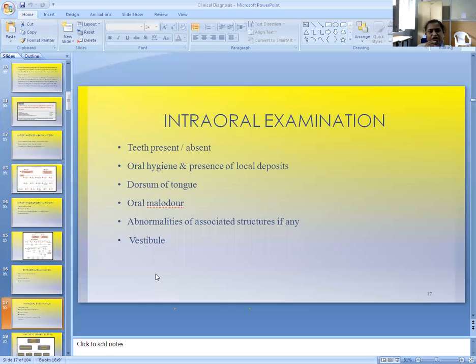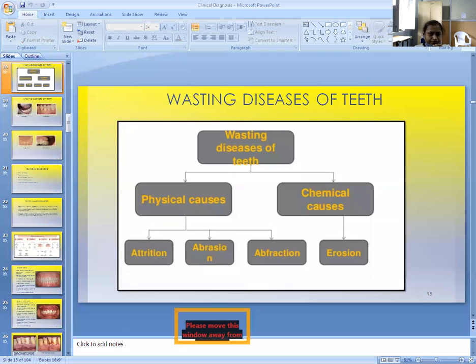On the dorsum of the tongue, any tongue related clinical features or conditions, like geographic tongue or ulceration on the tongue or lateral border. So you have to evaluate all these things in intraoral examination, and if any abnormalities are there, you have to notice and write about them.